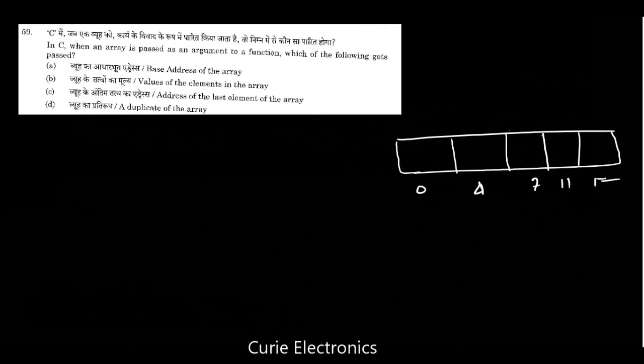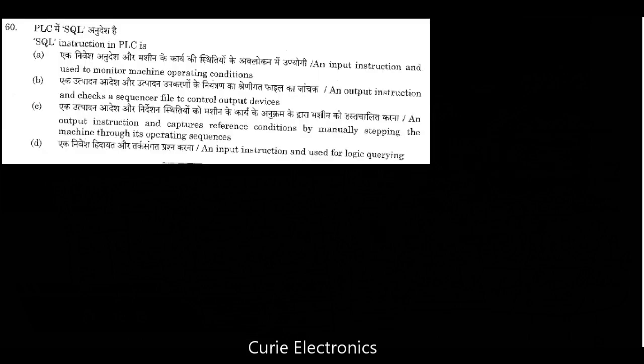Like this the numbers will be there. So what we will do is pass the base address of the array to the function. Here 4 byte data is stored in every memory location. So the answer is the base address of the array.